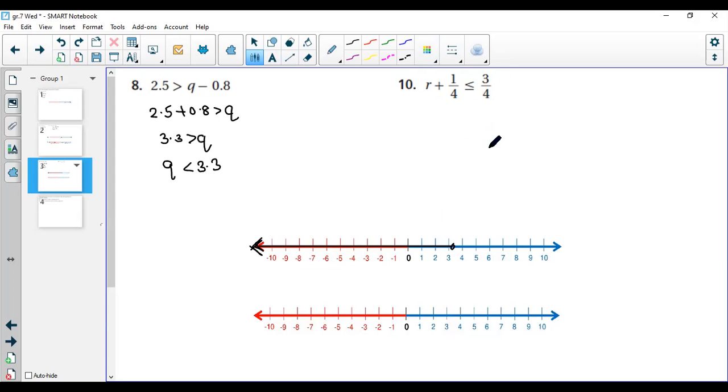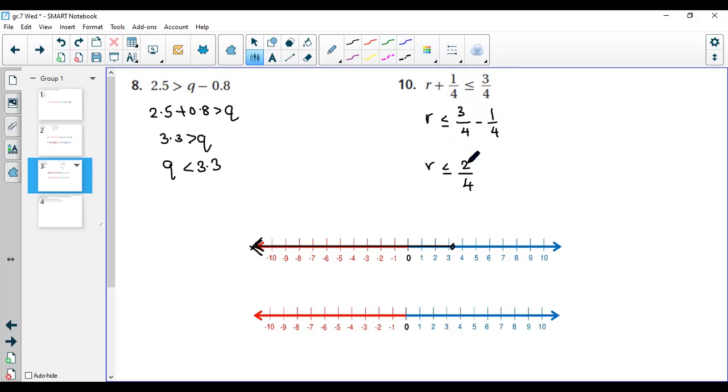Fine, here comes a fraction. So r plus 1/4 is less than or equal to 3 over 4, which means r is going to be less than or equal to 3 over 4 minus 1 over 4, which means r is going to be less than or equal to 2 over 4.